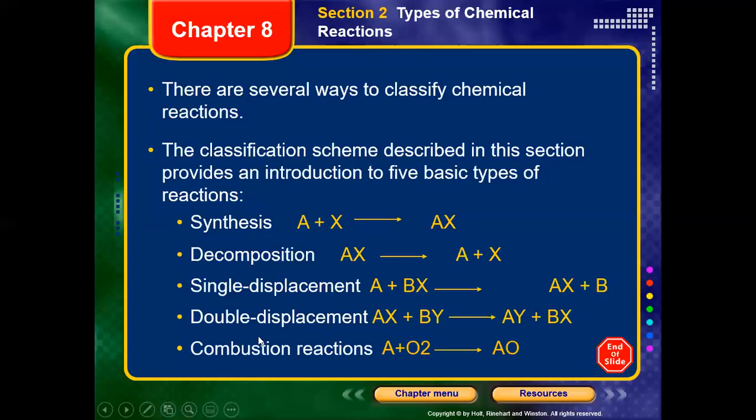A double displacement reaction is a reaction of 2 compounds, both of them dissolving in water or one of them dissolving in water, producing 2 new compounds. A combustion reaction is a reaction between a compound and oxygen, or an element with oxygen, mainly hydrogen, producing a new compound plus heat.